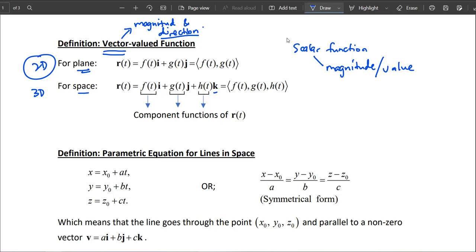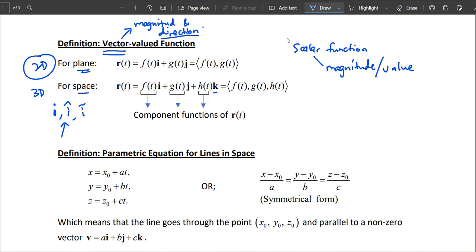Usually we note it as bold i, or maybe i hat, or i curve. For writing, maybe we usually use this because it's hard to write bold. So for space, r(t) equals f(t)i plus g(t)j plus h(t)k.